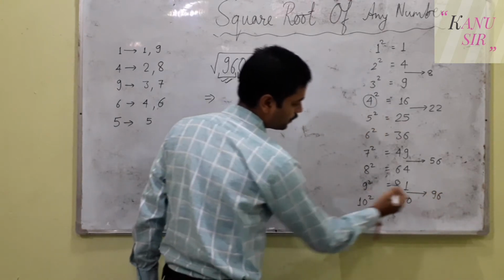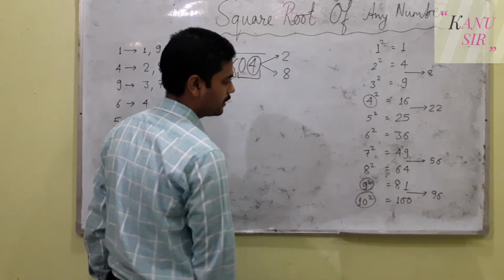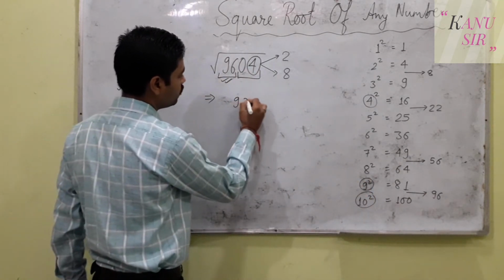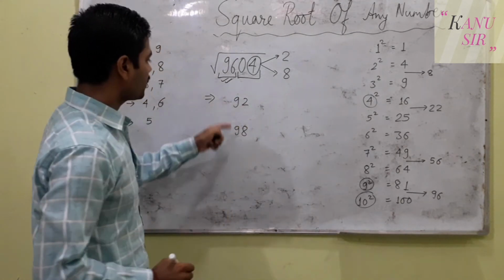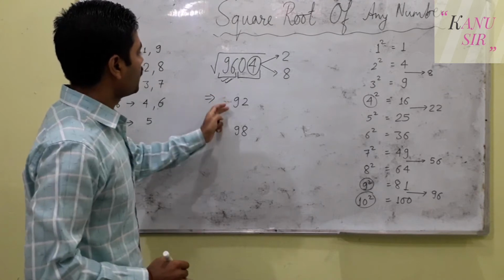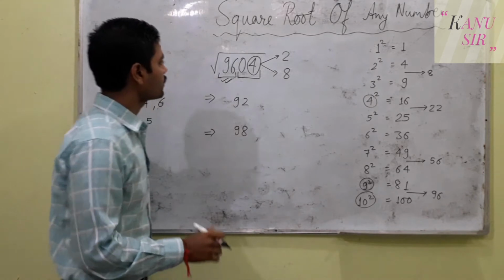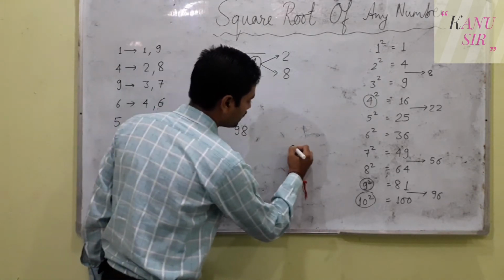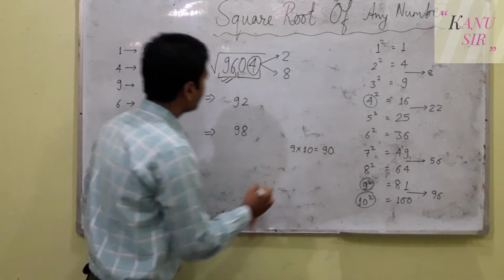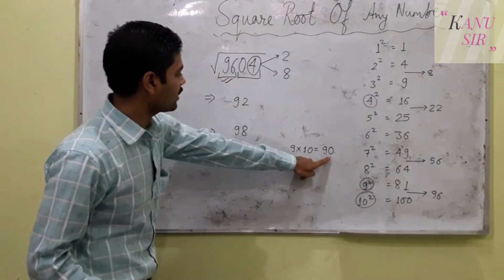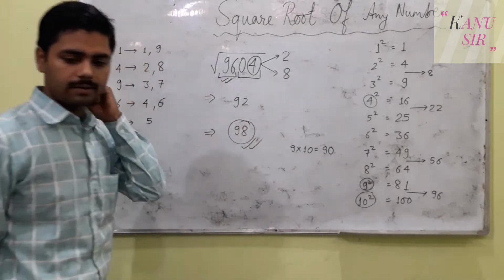It means 9 is the smaller number among 9 and 10. So we'll take 92 and also 98. Either of the two numbers will be the square root of 9604. Then we check the number after 9, that is 10, so 9 times 10 is 90. You can see 96 is greater than 90. It means we take the greater value, so 98 is the answer.